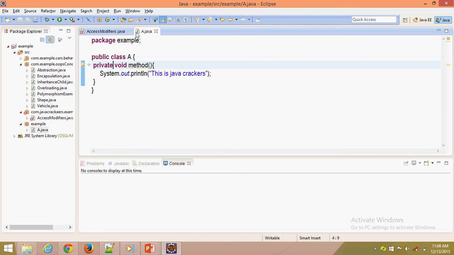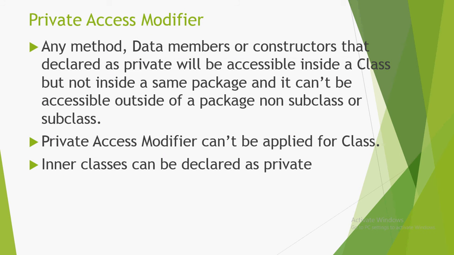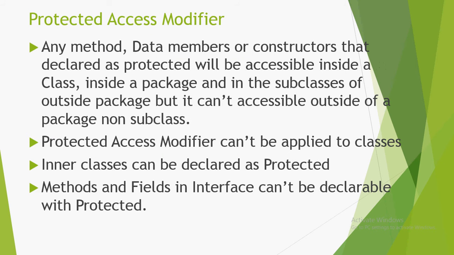And now we are going to discuss the protected access modifier. This protected access modifier will be accessible in subclasses or inherited classes. Suppose we declare one class called class A, and we are going to access this same class in class B by using inheritance.